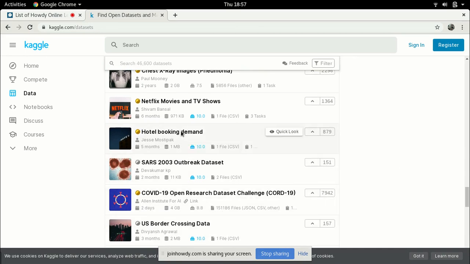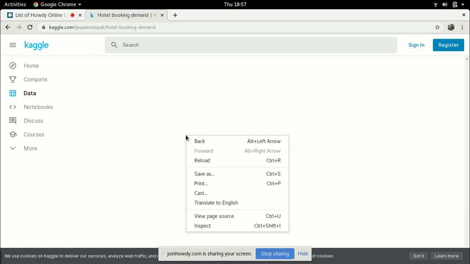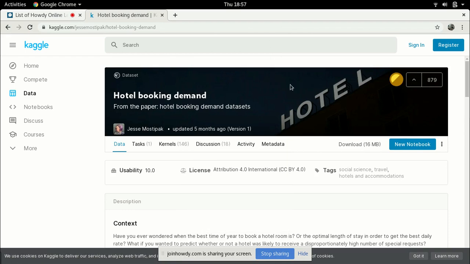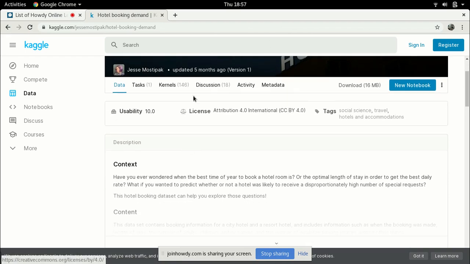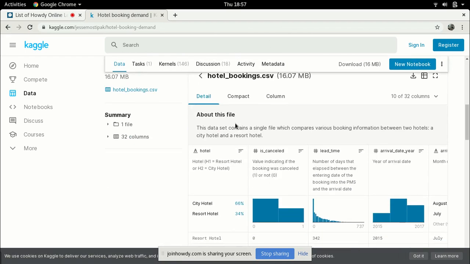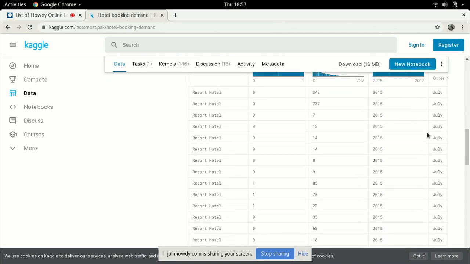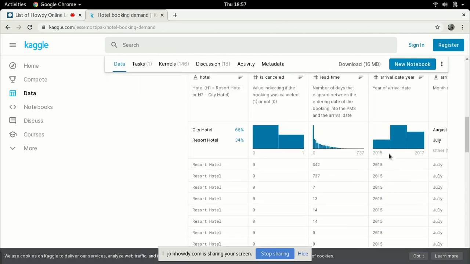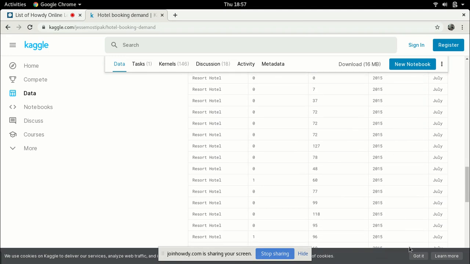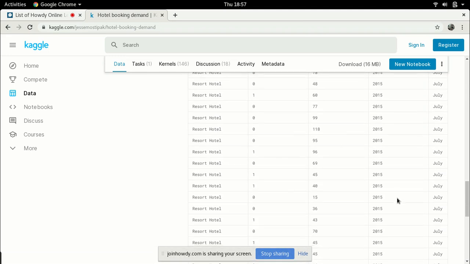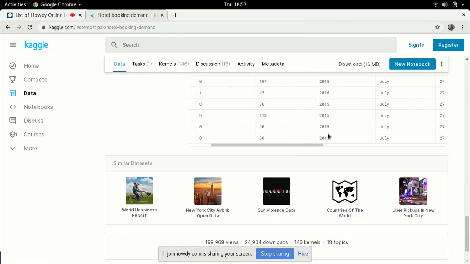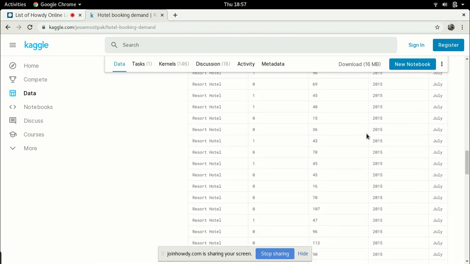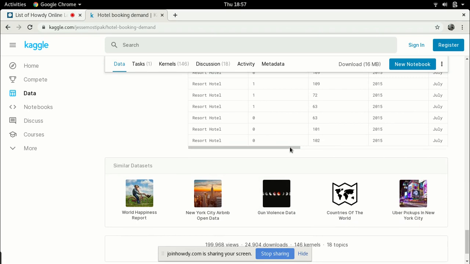Let's look at this hotel booking demand. So, okay, here is the data. I'm just trying to see if it's mainly just numbers, or is it a lot of characters.